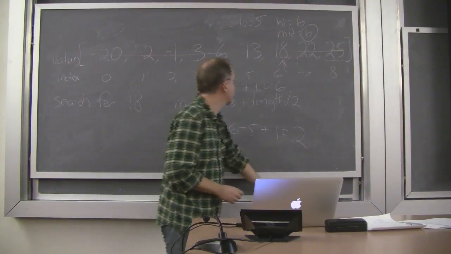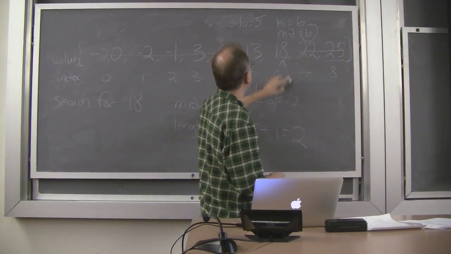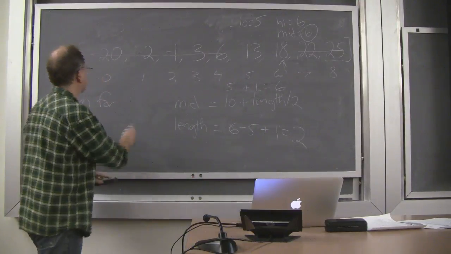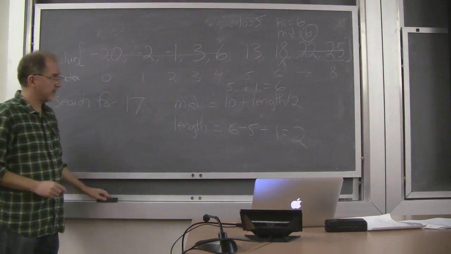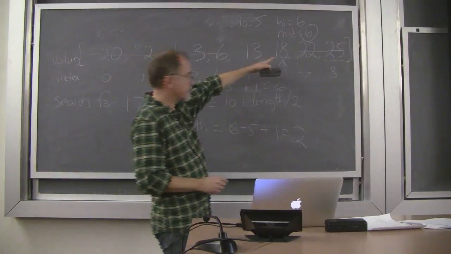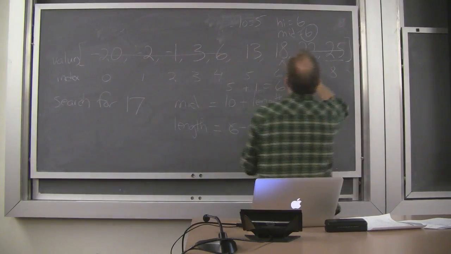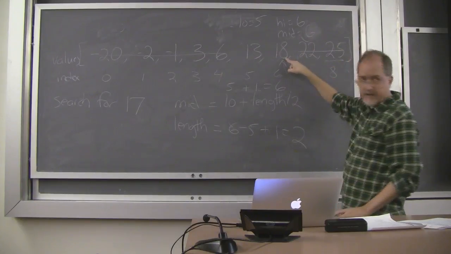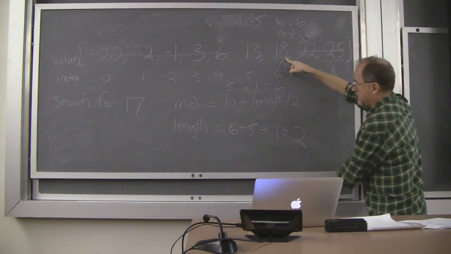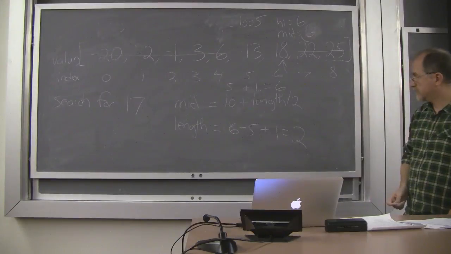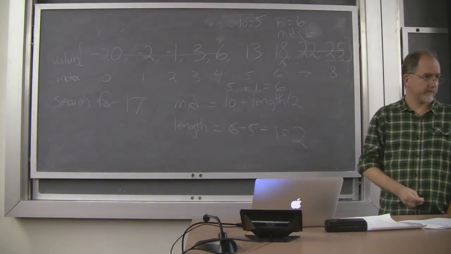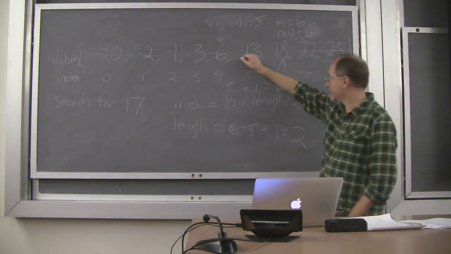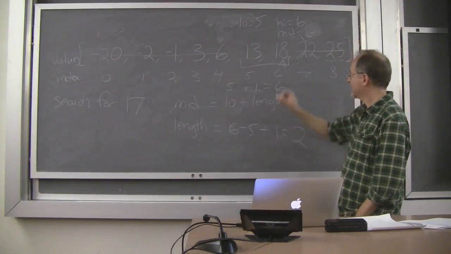Now there is one trickier case. Let's say we were looking for 17. We would have progressed the same up to this point, except that now mid equals 6. Is 18 equal to 17? No, it's not. This is our remaining array. What do we do next?